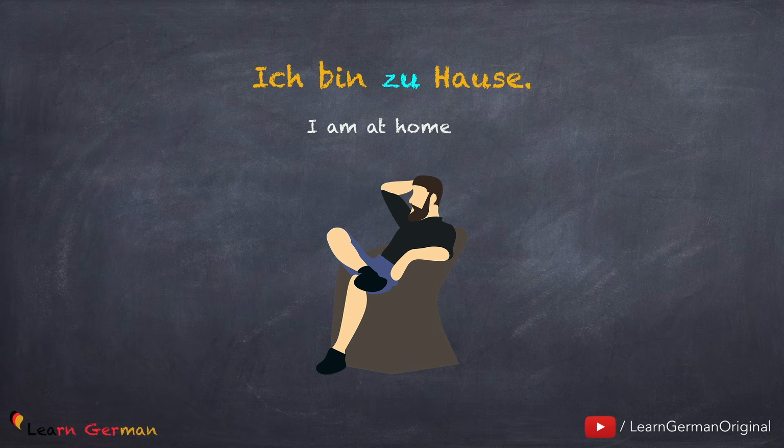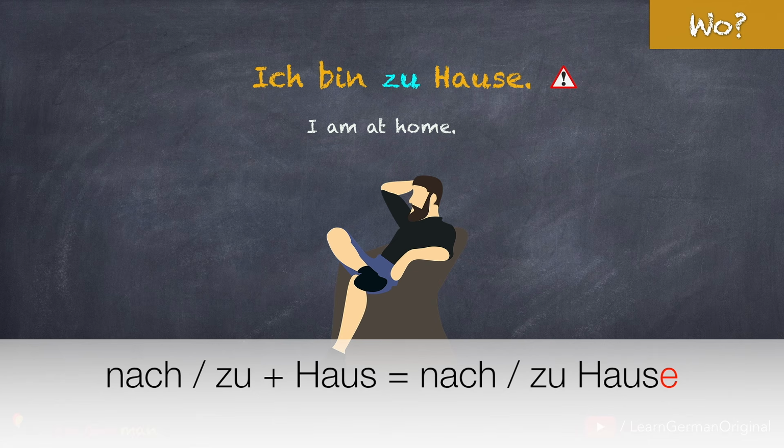Here also we have an exception. Ich bin zu Hause. You have to just learn this by heart. And you would ask here, wo? There's another thing that you should remember. When you're using nach or zu with Haus, you say nach oder zu Hause.